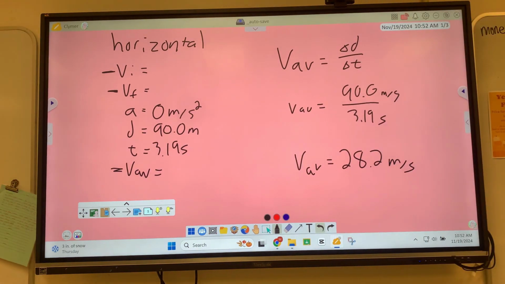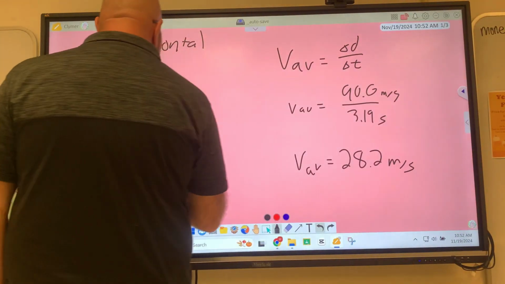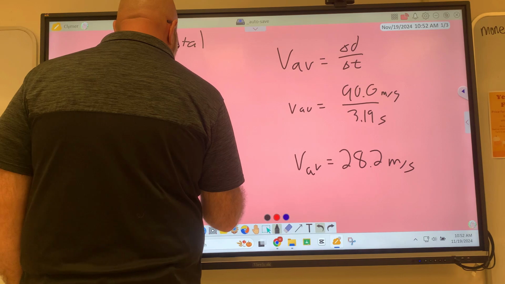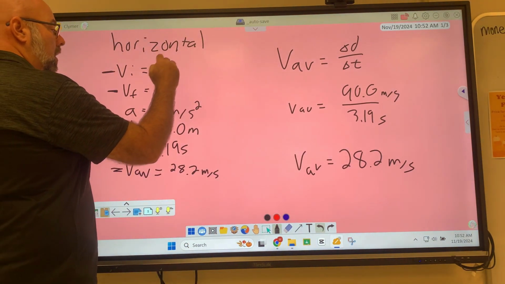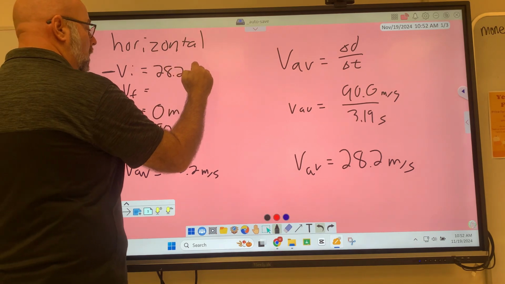And again, with 0 acceleration, can we now find what our initial velocity was? If we solve for V_av, 28.2, what's our initial velocity? 28.2.